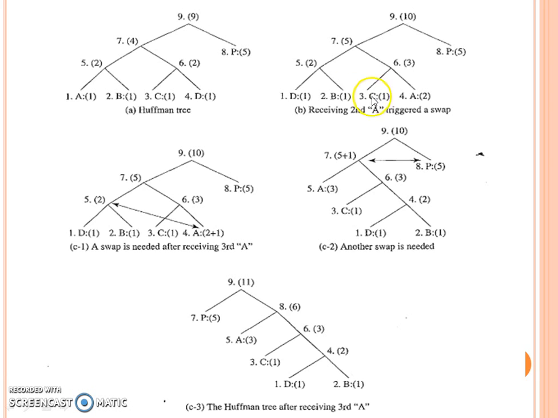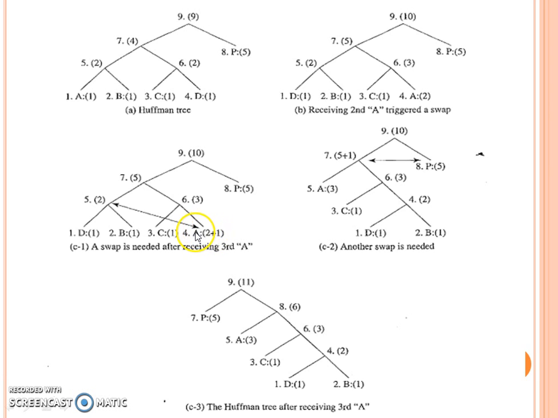Now consider that we again receive A. That will be the third A. So now the frequency of letter A will become 2 plus 1, that is 3. This step is more involved and will be solved in C1, C2 and C3.